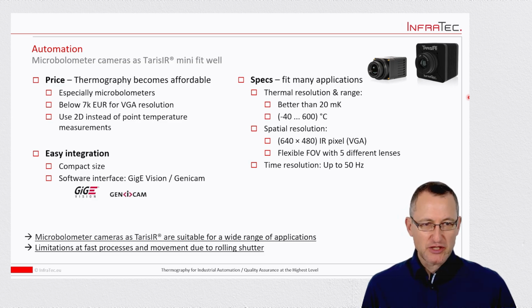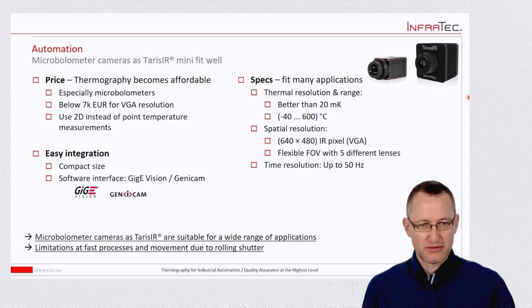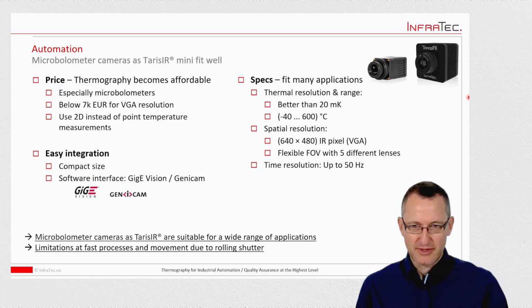In terms of spatial resolution, it has VGA resolution and a flexible field of view with 5 different lenses. Last but not least, it's also rather fast for a microbolometer camera, with up to 50 Hertz. So let's summarize.